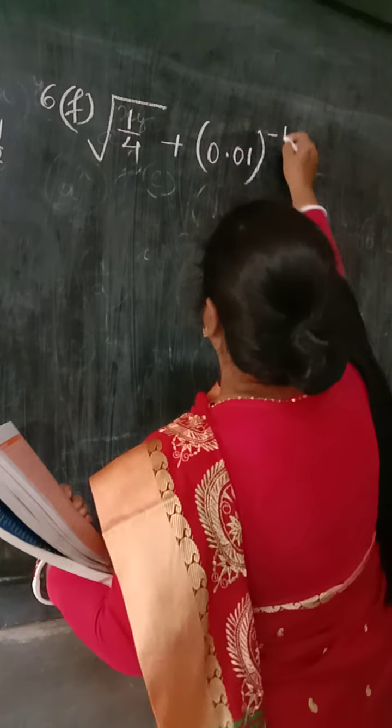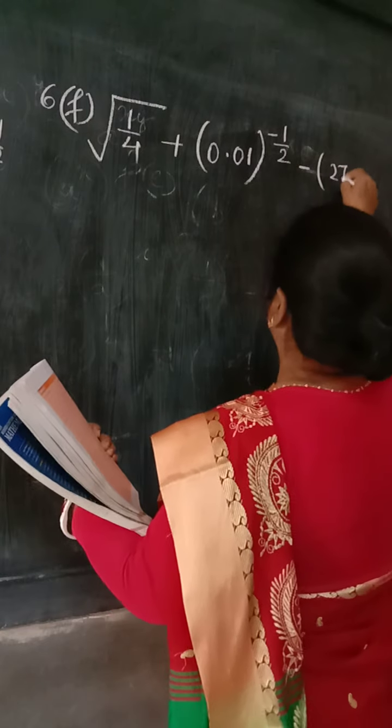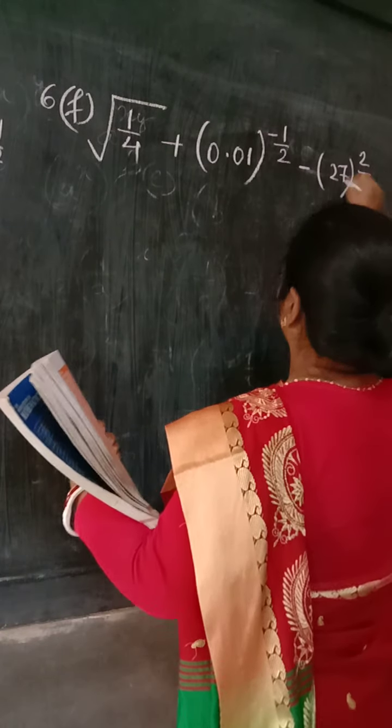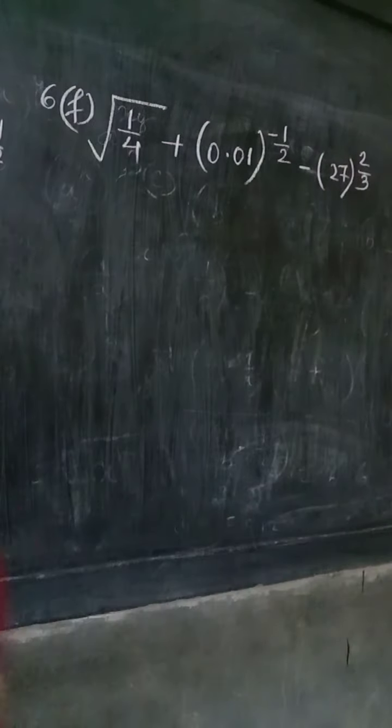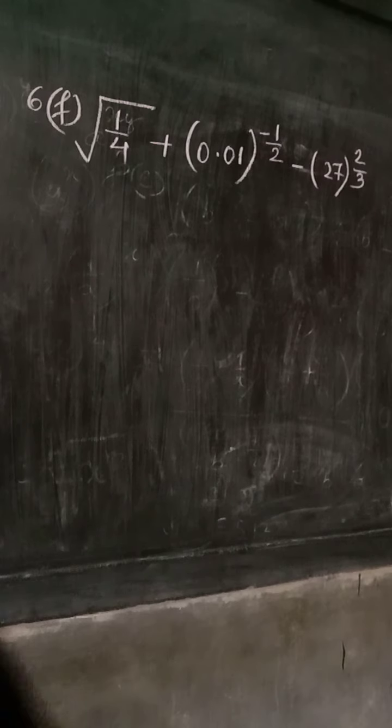(0.01) to the power minus 1 by 2 minus 27 to the power 2 by 3. Now what we are going to do?